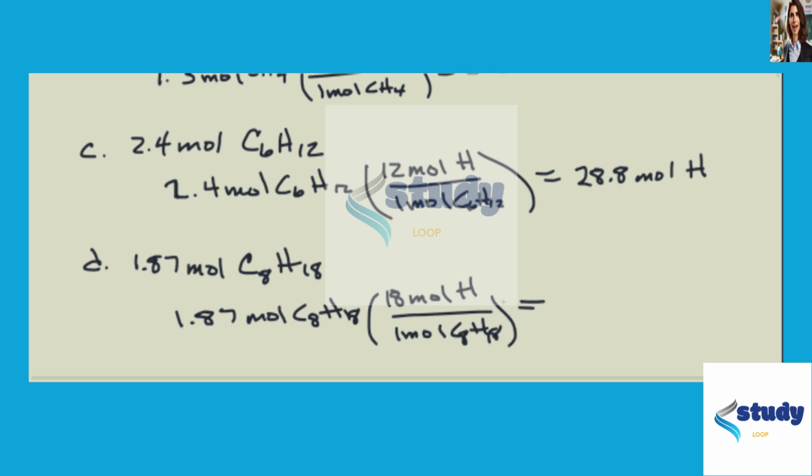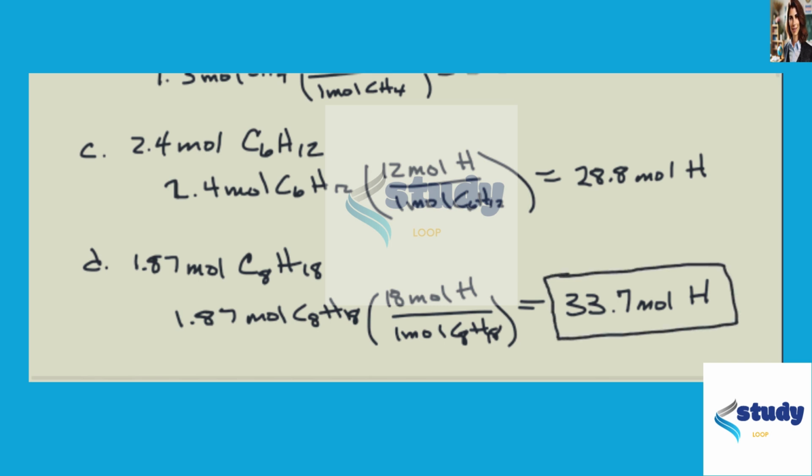And then again, we just multiply those together and we wind up with 33.7 moles of hydrogen to 3 significant figures. So I rounded that 33.66 to 33.7 because we only have 3 significant figures here.